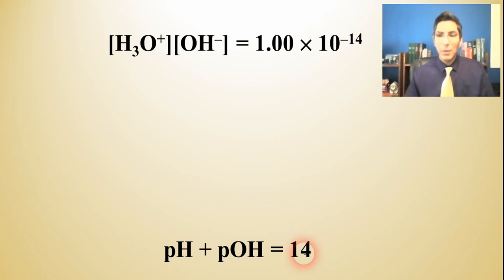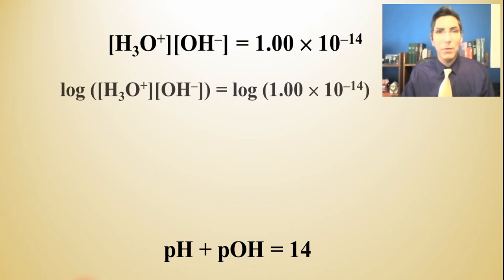Now let's see how we do that. Well, there is just a very simple way to go from one to the other, just derive the second one from the first. I'm going to take the log of both sides of that equation, like this.